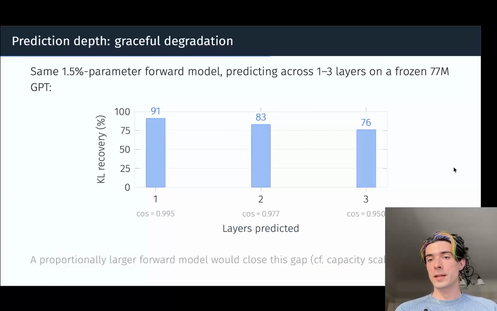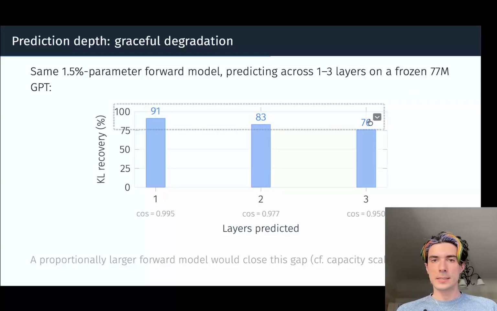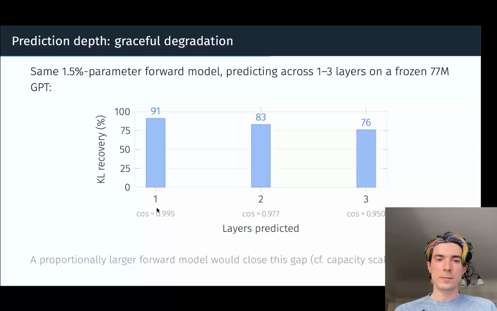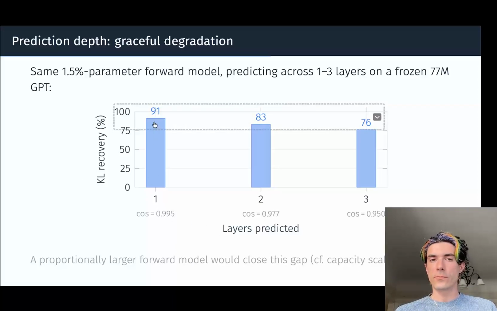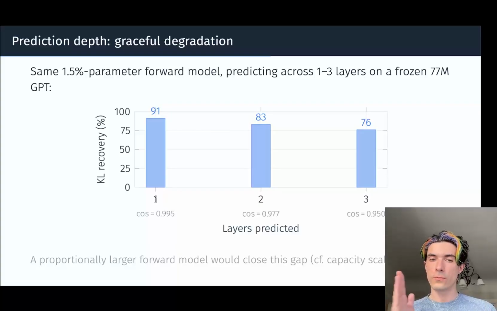Another interesting thing that I found is that there's graceful degradation in the KL divergence that you recover as you model larger layer gaps. So in this case, what we're doing is modeling, with a given forward model, a gap in the main model of 1, 2, and 3 layers.